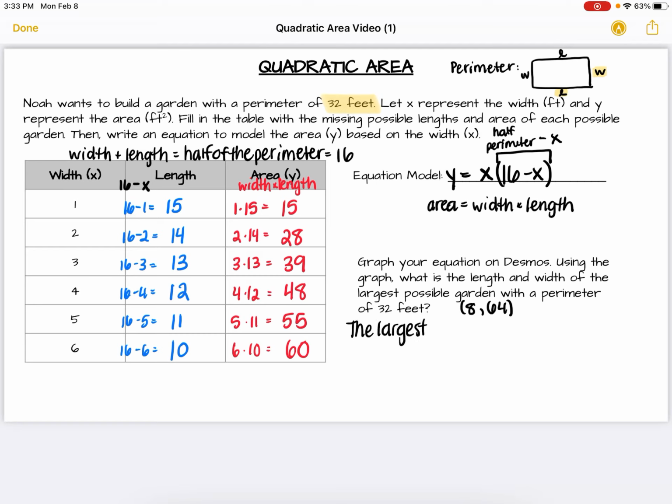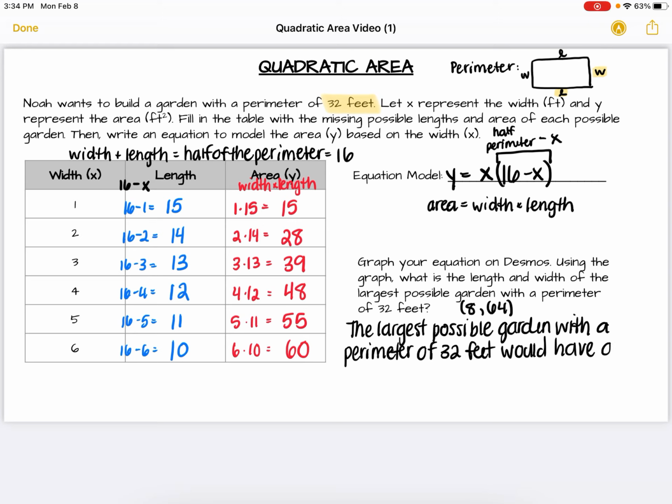So that means the largest possible garden with a perimeter of 32 feet would have an area of 64 feet squared.